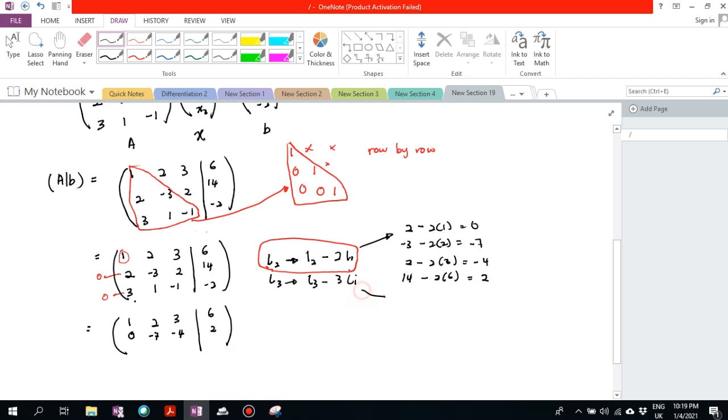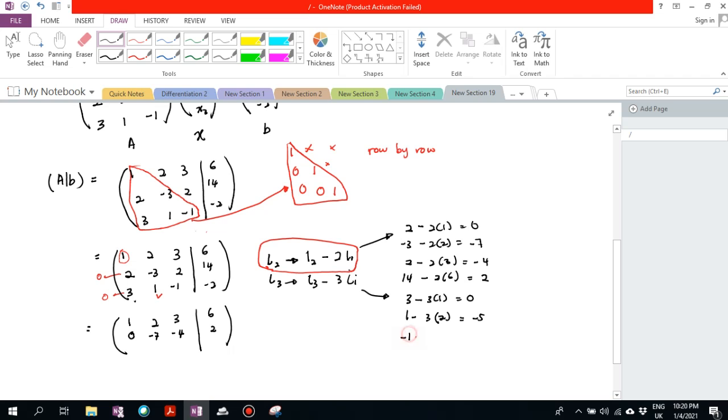So we go for the third row. For the first column, it is 3 minus 3 times the first row's 1, to become 0. Then the second entry is 1 minus 3 times 2, so it becomes 1 minus 6, which is negative 5.